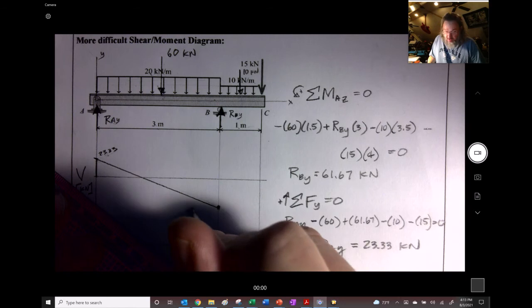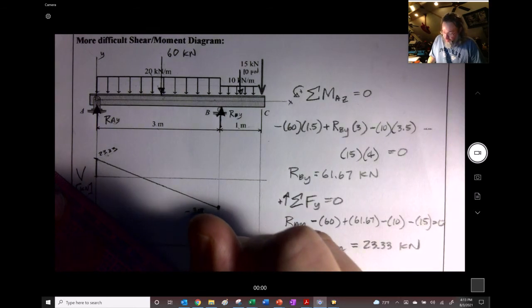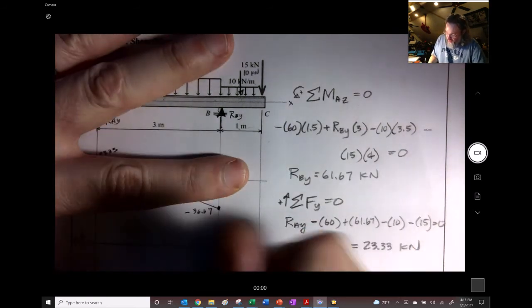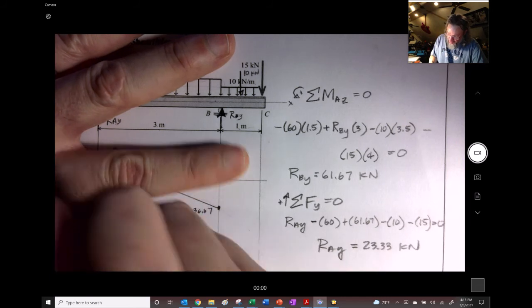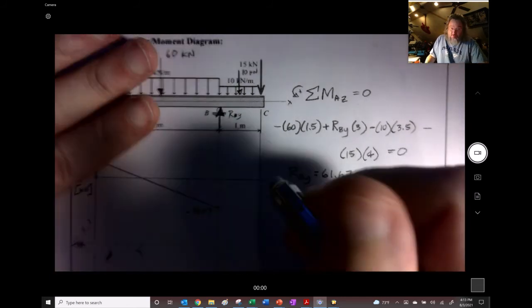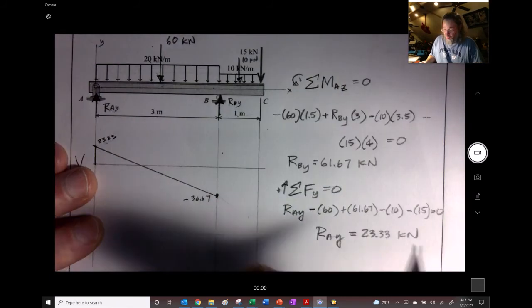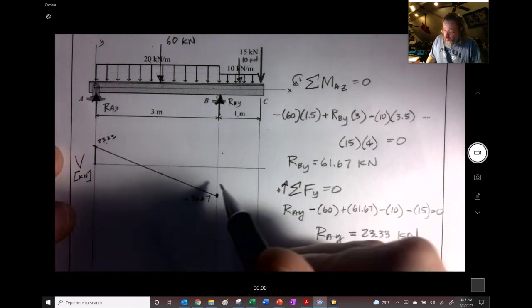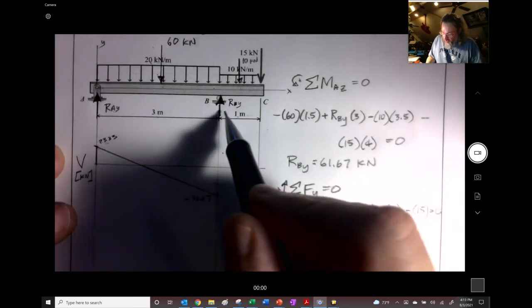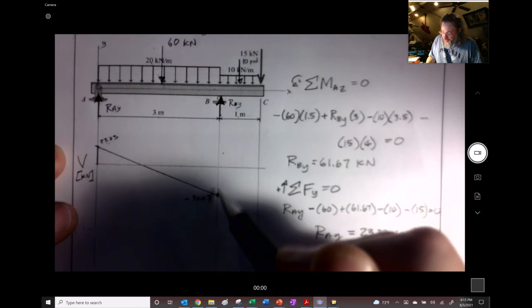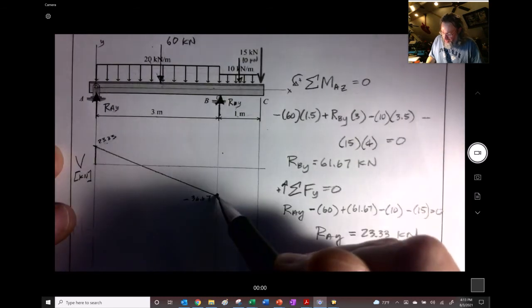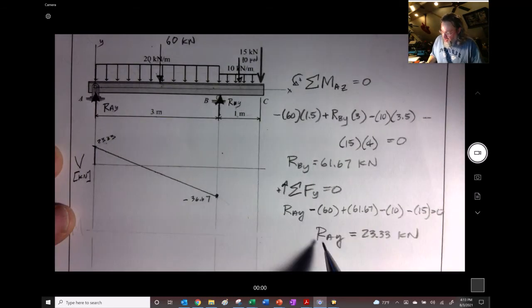So it's a negative 36.67. And I might want to change my mind about where I want to put this. I might want to wait right here. That might get in my way. Now, we have a couple of things going on right here. This force is going to be a point load, and it's going to go positive, so it's going to bring us up. How much is it going to bring us up?